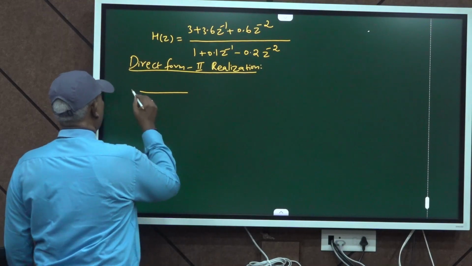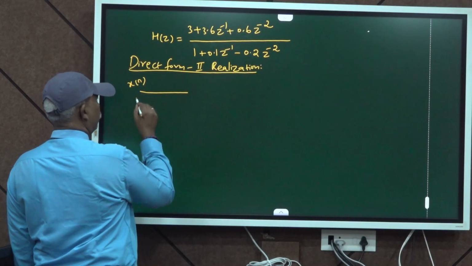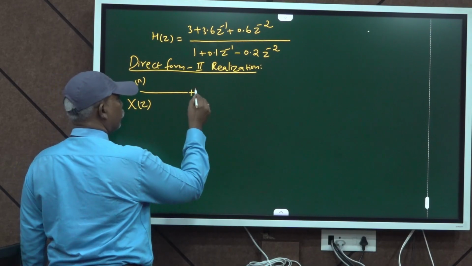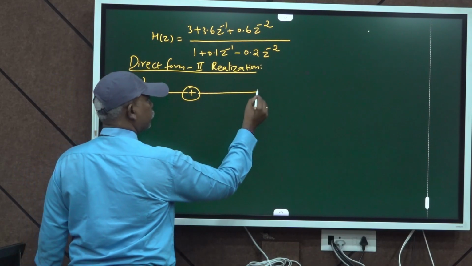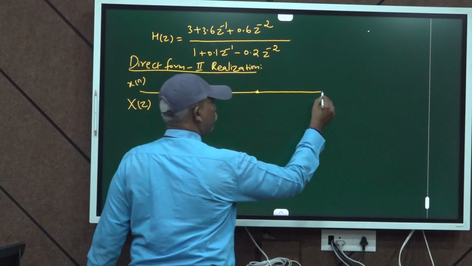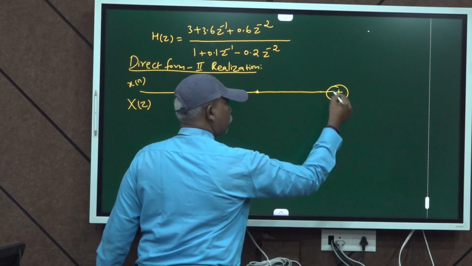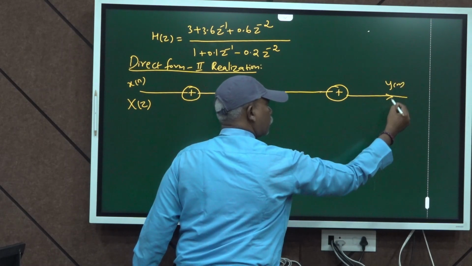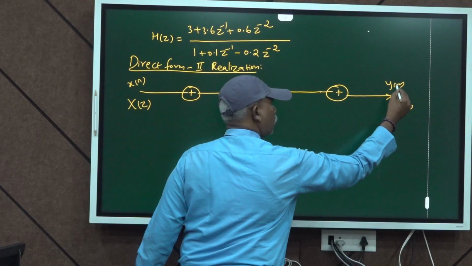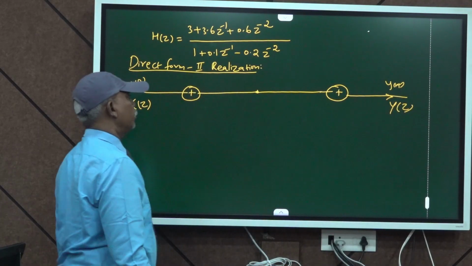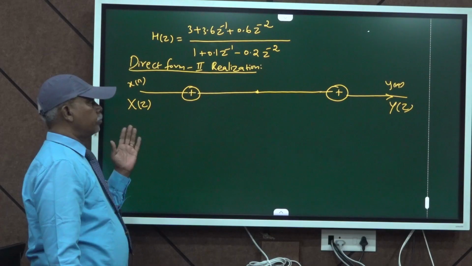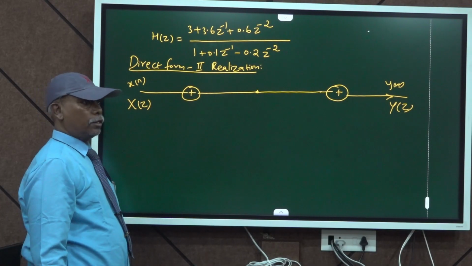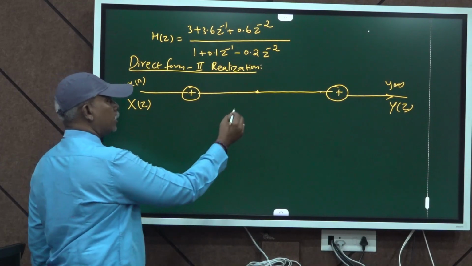Now you see, I want any change. This is x of n, and x of z is the input. So here you put one order. Now the input side has one order and the output side has another order. In the center side you put the maximum number of delay elements.